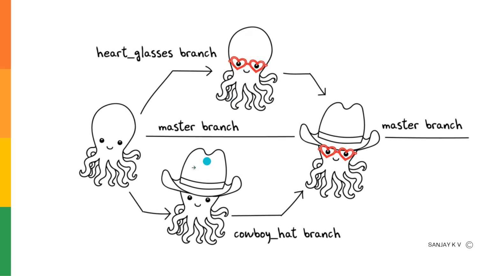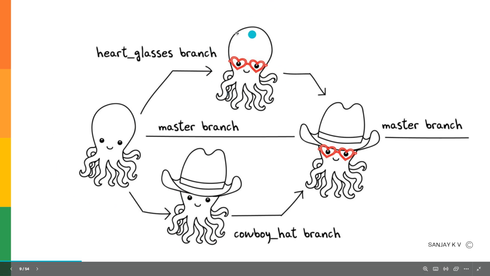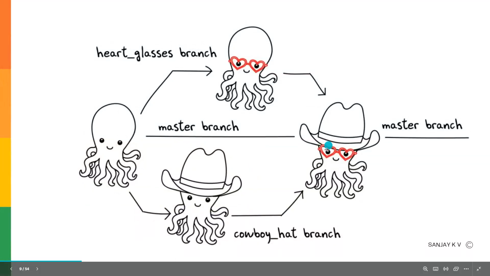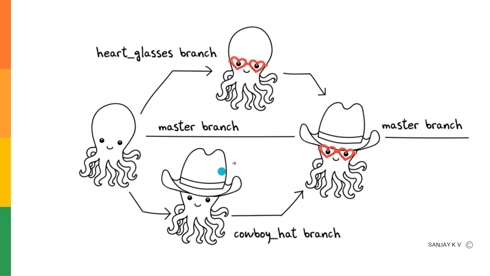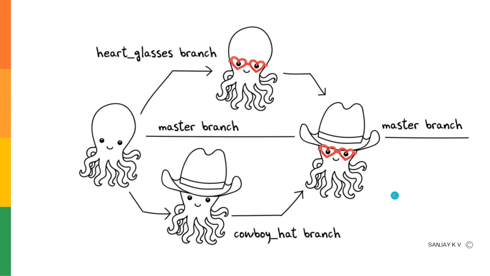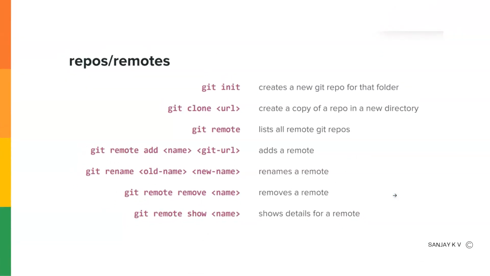The developers will create a copy of this octopus in their single repository or feature branch, as we have seen here. Then they make the changes. Once the changes are working fine, they push into the main branch. Now this particular octopus is called the cowboy hat, heart glasses octopus. That's how the change has been made in a very systematic way.